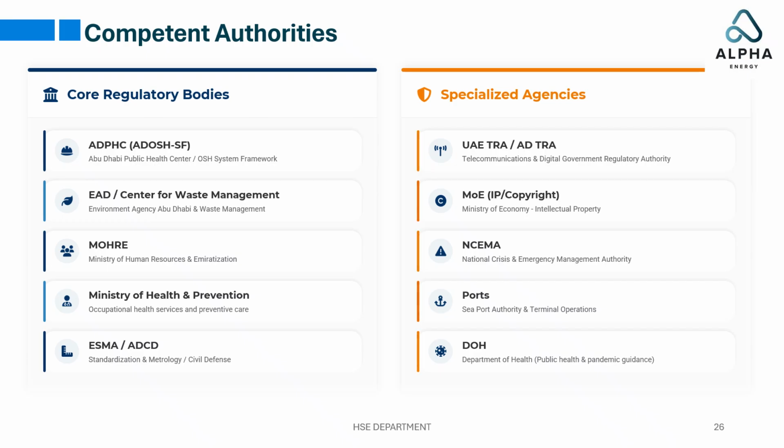In addition, several specialized agencies provide regulatory oversight in specific sectors. These include the Telecommunications and Digital Government Regulatory Authority, TRA, for telecommunications and digital governance, the Ministry of Economy, MO, for intellectual property and copyright matters, the National Emergency Crisis and Disaster Management Authority, NCEMA, for National Emergency Management and Business Continuity Standards, Abu Dhabi Ports for Port Security and Terminal Operations Regulation, and the Department of Health, DOE, for Public Health Regulations and Pandemic-Related Guidance.